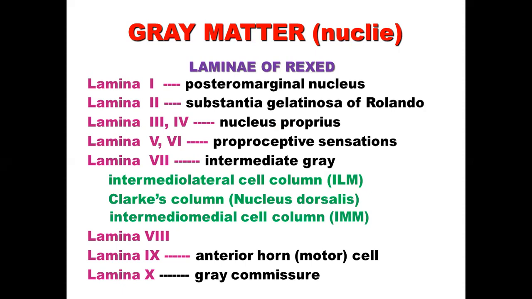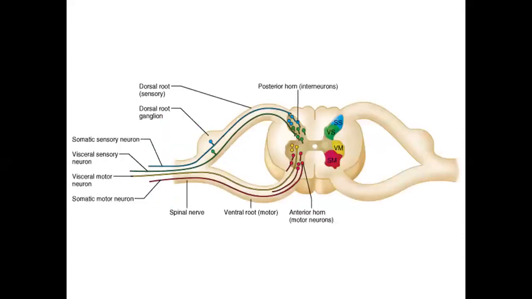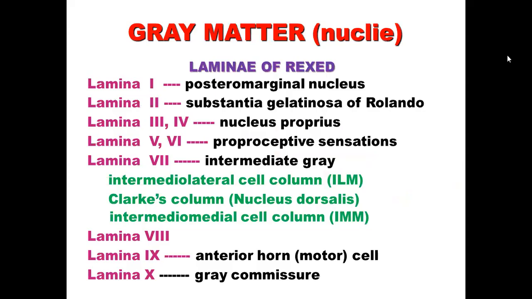So lamina 1 is the posterior marginal nucleus. Here is lamina 1, here is lamina 2, 3, and 4 like this, from posterior to anterior. So lamina 2 is important, that contains substantia gelatinosa of Rolando.